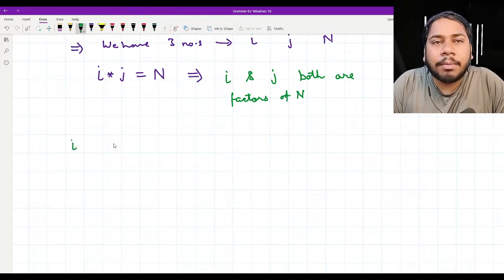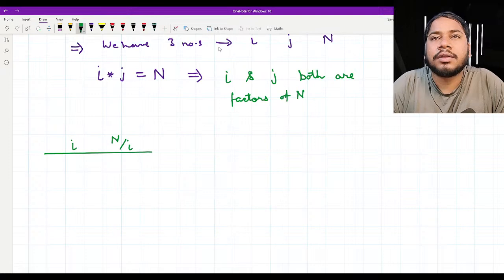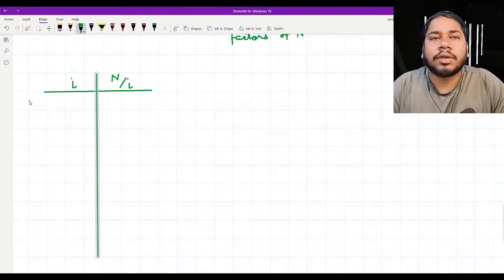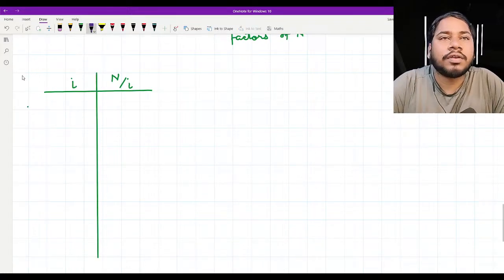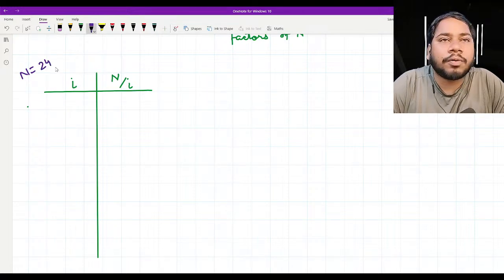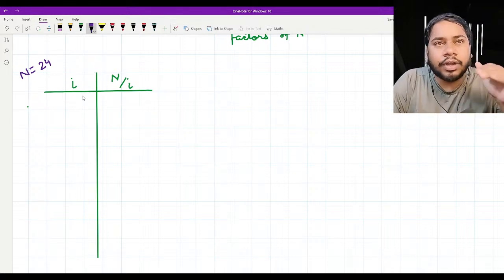Suppose we have I and we have N upon I. And here suppose the N value is 24. In the previous code, we iterate from 1 to 24, right?